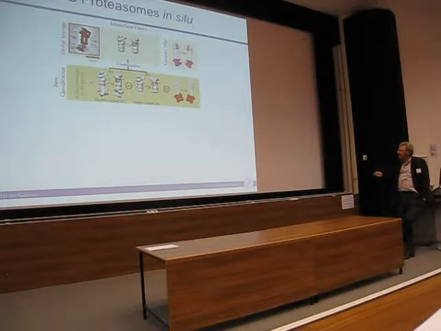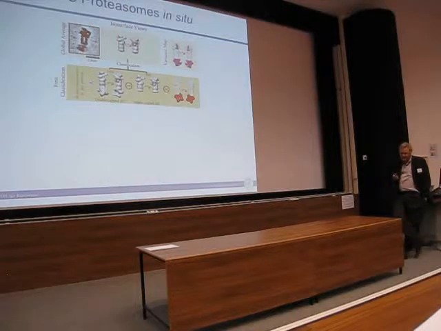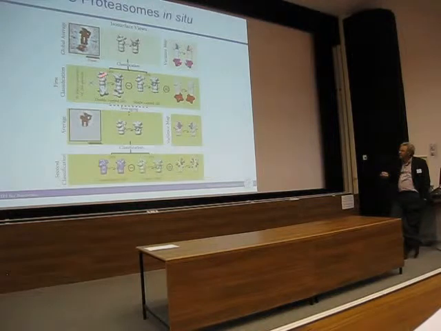The single-capped ones are three quarters of all the particles in the cell. 20S alone is a minority of only maybe 2-3%. Of course, the difference map shows very clearly that is trivial. There's one missing. Now you can go a step further. You can take the population of single-capped ones and subject them to further classification.